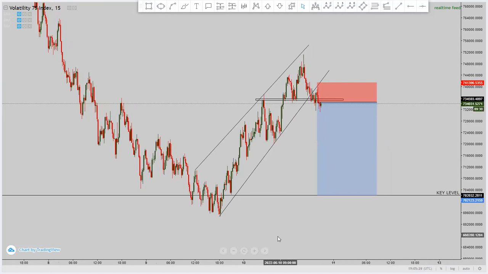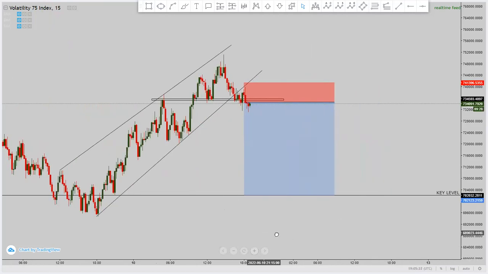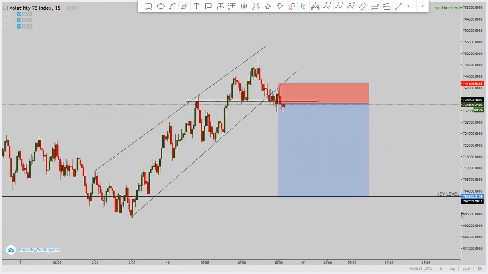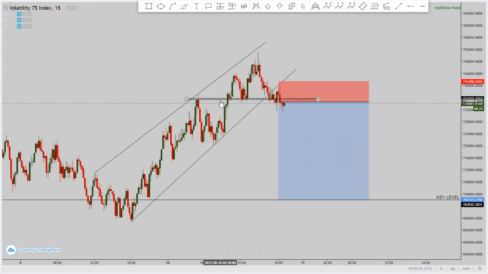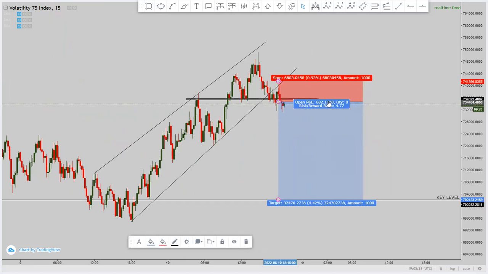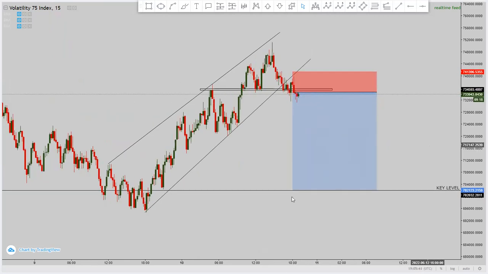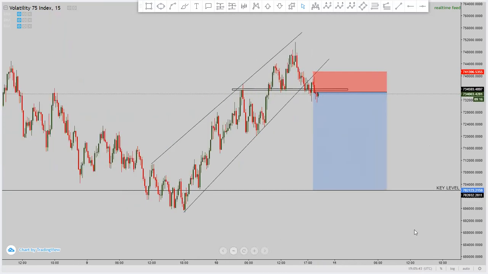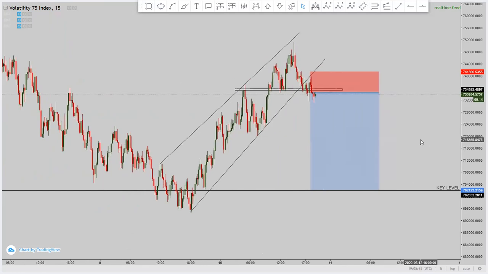Then you see how price will respond. So right now, so long as we're below this area here, the sells will be safe. But once you see price breaking and going above there, we now have a problem, because price can actually go up. It's also a possibility.